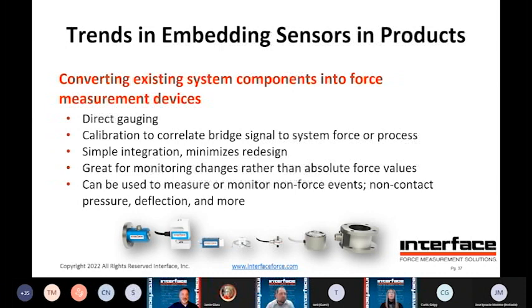Calibration to correlate bridge signal to system force or process. Brian mentioned earlier that customers aren't necessarily just looking for a calibrated output, but can do in situ calibrations in their process. They're not looking for a specific direct output at a certain force, but to utilize that force feedback to communicate to their systems.